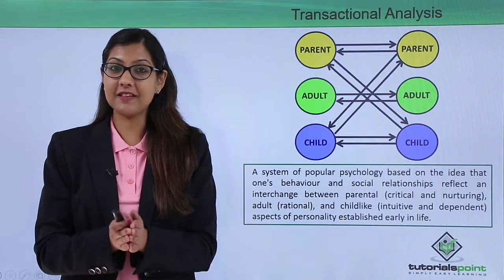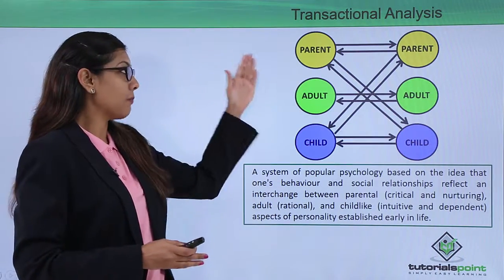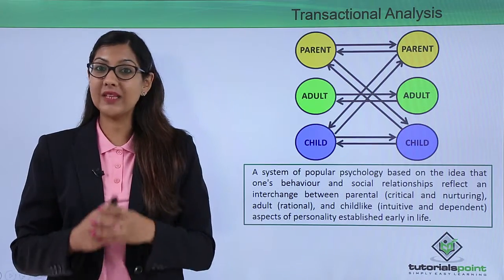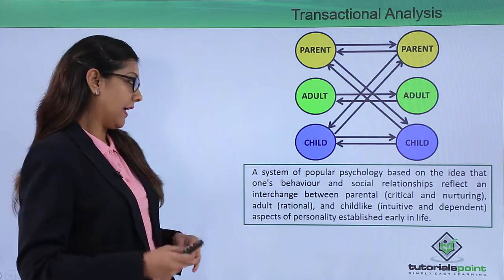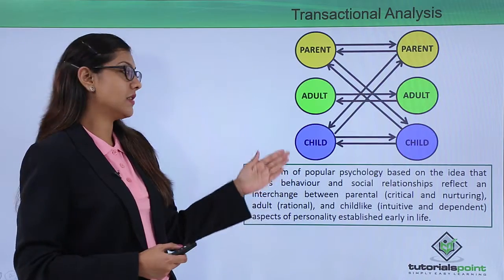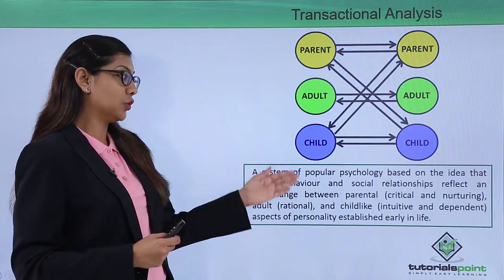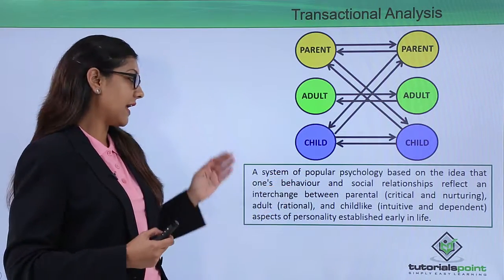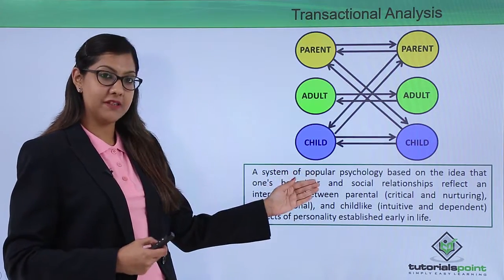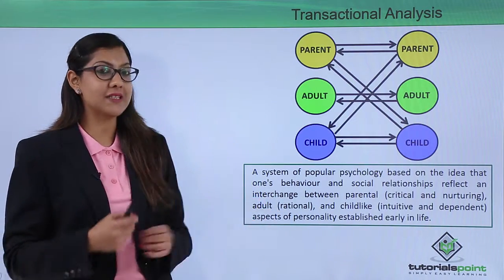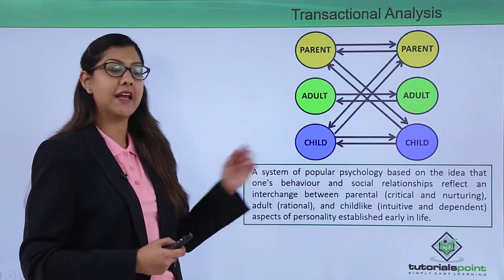Now, transactional analysis is really about your parent, your adult and child, different ego states which are there within each and every individual. Hence, it is a system of popular psychology based on the idea that one's behavior and social relationships reflect an interchange between parental, child as well as adult aspects of personality established early in life.